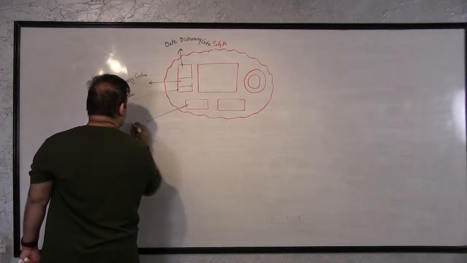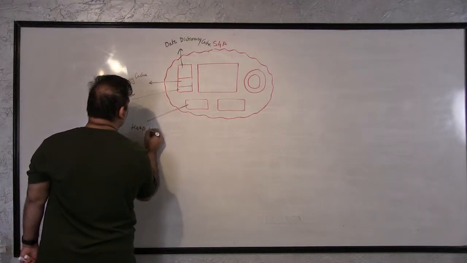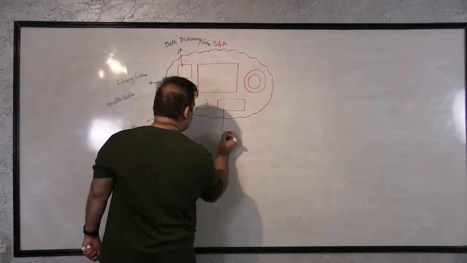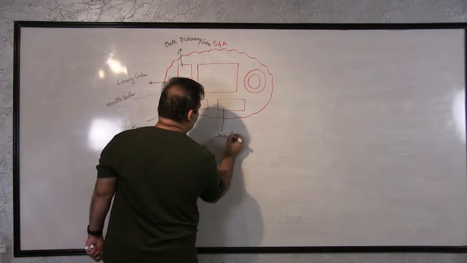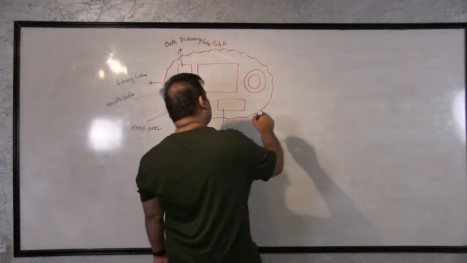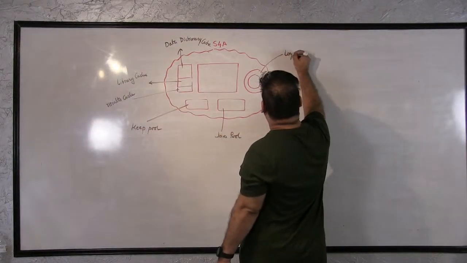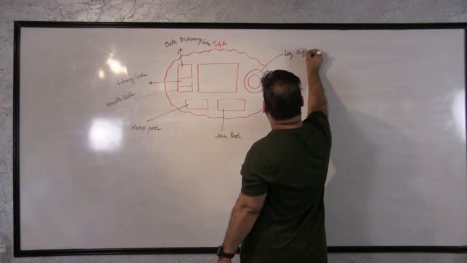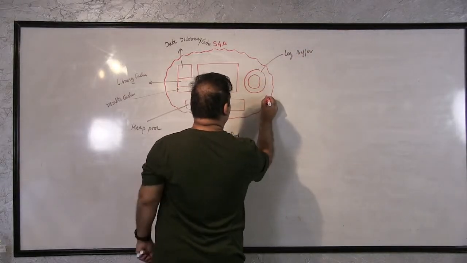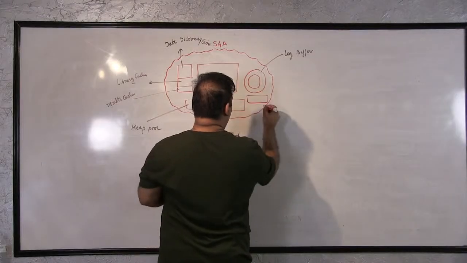This area is called keep pool. This area we may call Java pool. Inside the memory, you have different pools in here. And this is called log buffer. There may be another pool here called large pool.